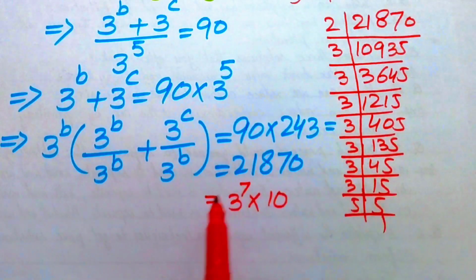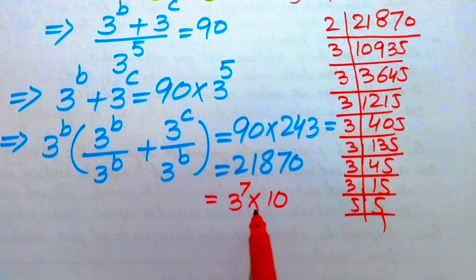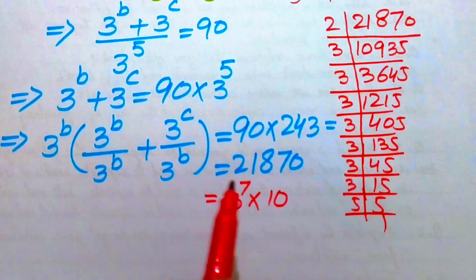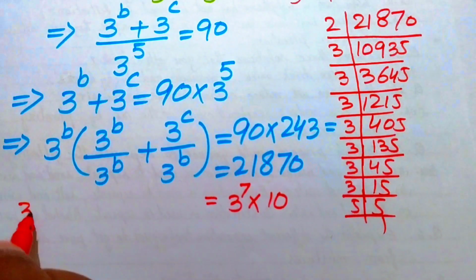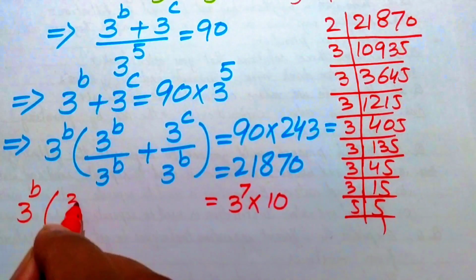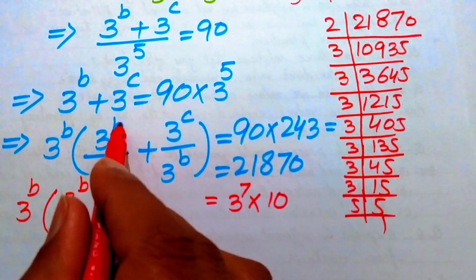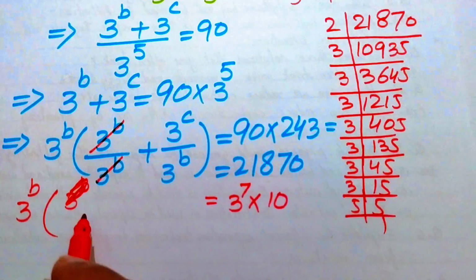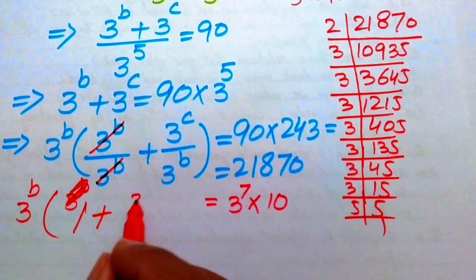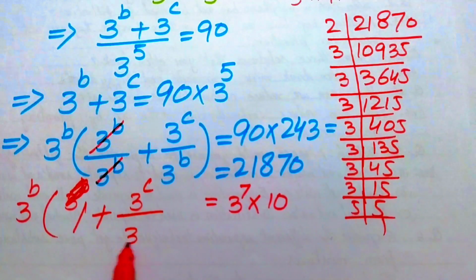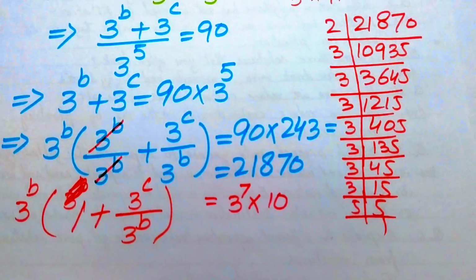You easily write all these factors in this form, and in the left hand side we have 3 to the power of b into 1 plus 3 to the power of c divided by 3 to the power of b.